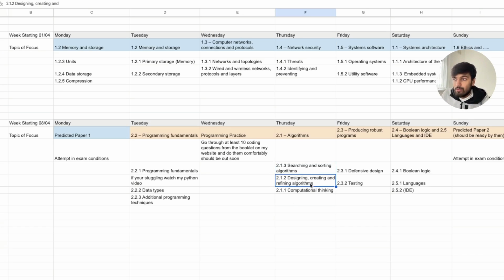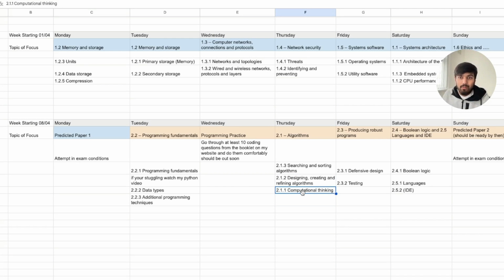Then we go on to flowcharts. You can find what each flowchart symbol means on the specification. So make sure you know what the symbols mean and try and have a go at one of the questions from my topic-wise exam pack. And computational thinking.